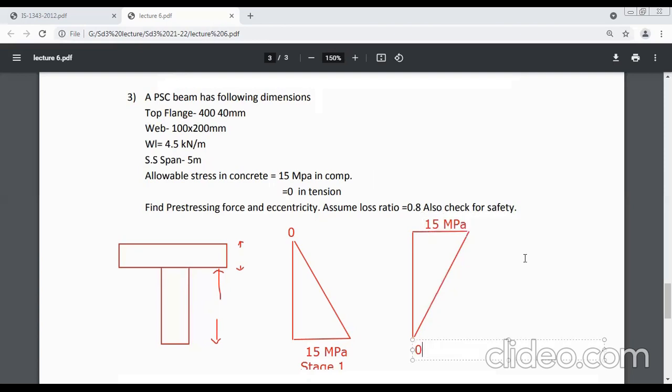So this one is for stage 2. Stage 2 means the final stage, including external loading, meaning live load.